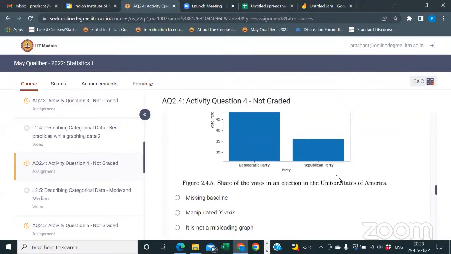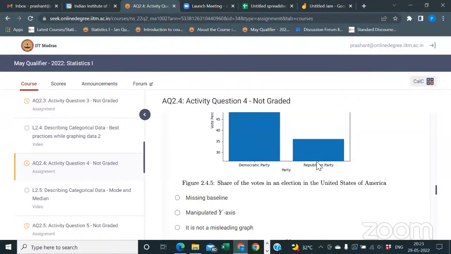That is another thing. Tell me, where is the baseline? Is there any clue about the baseline? Does it start with 0? Does it start with 25? Or 28? Or 20? Nothing? No, sir. Then it's a missing baseline.